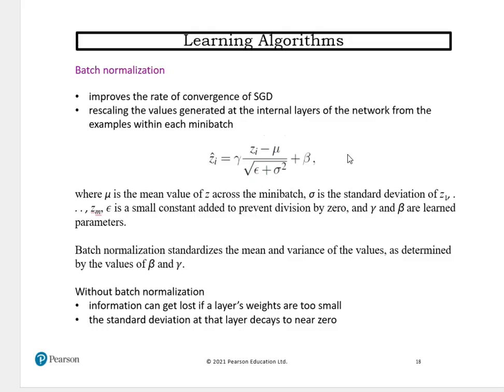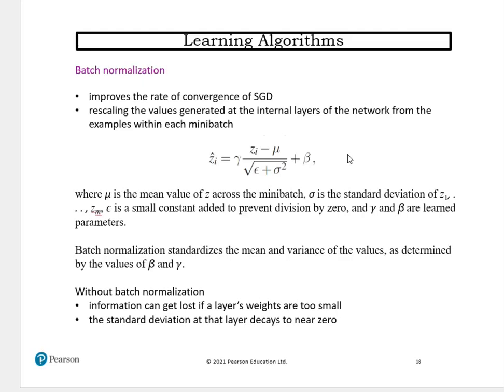This means that the outcome is much simpler to train because it removes any bias in the original Zi's and provides you with nicely standardized values Zi hat. So it makes it much simpler to train a deep network.